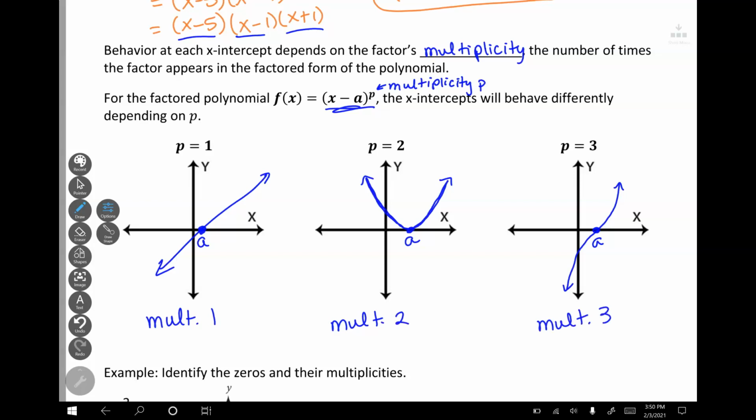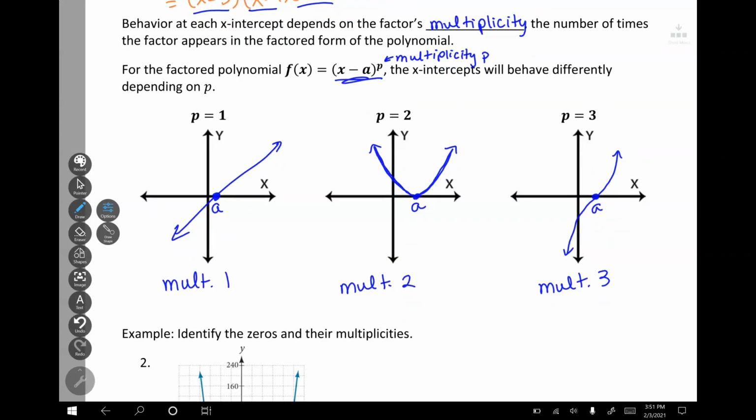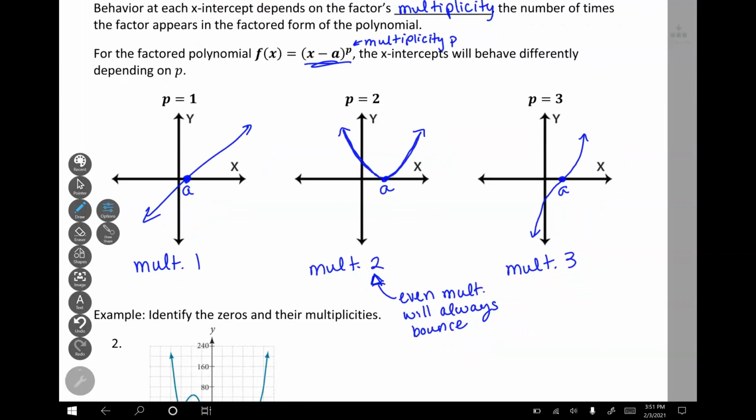And that pattern is going to continue. So if your multiplicity is even, it's always going to bounce off. Even multiplicity will always bounce. It's going to just touch that point and turn around.